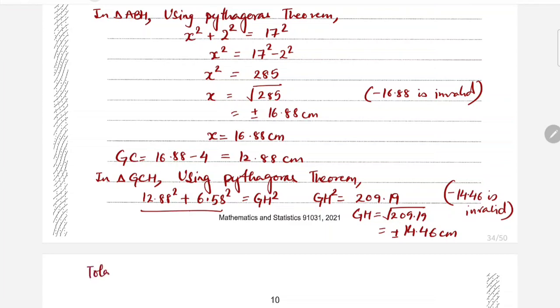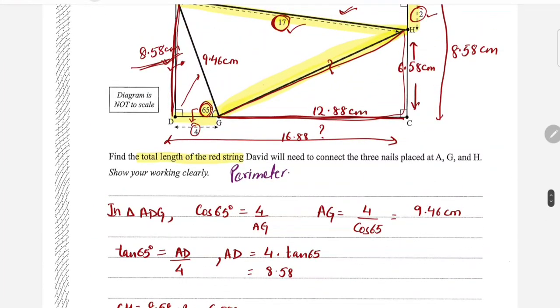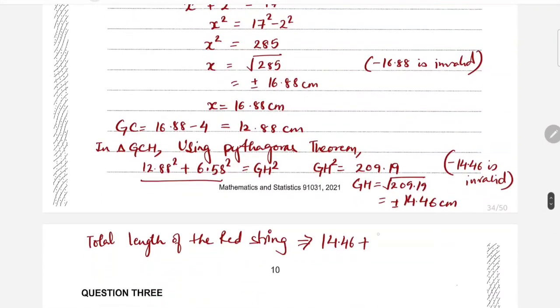So the total length of the red string, use the vocabulary or the statement they have used in the question, is equal to 14.46 plus 14.46, 9.46 plus 17.